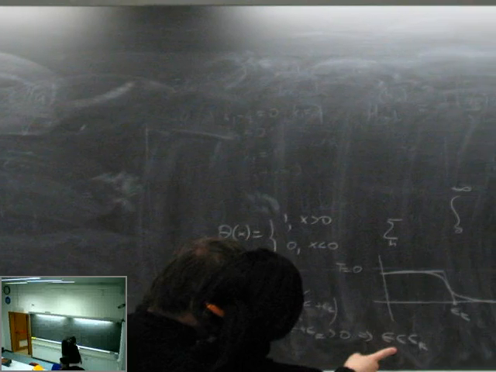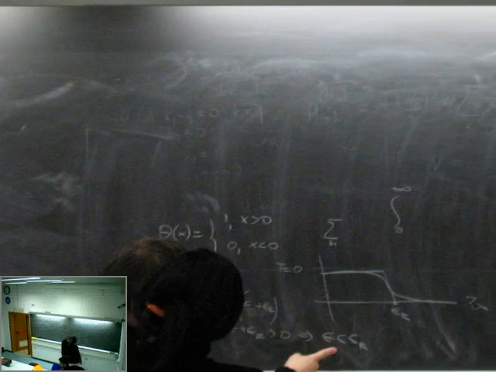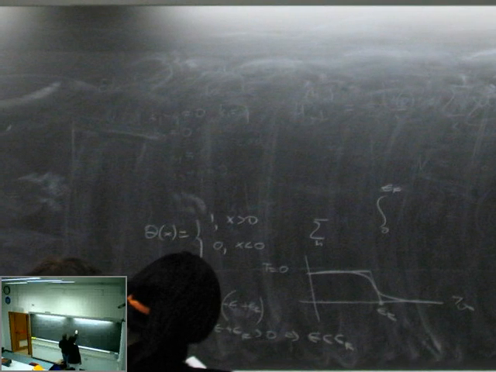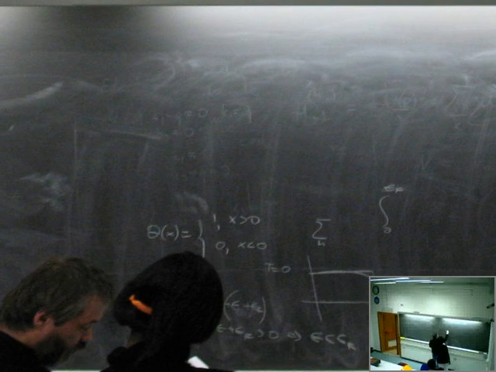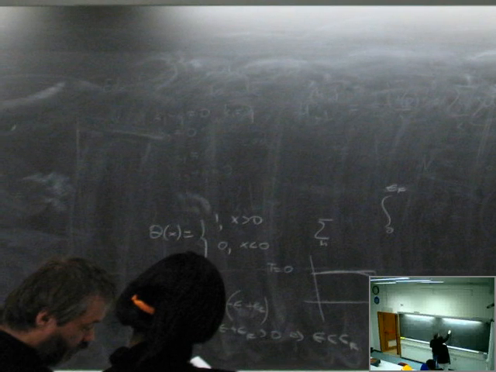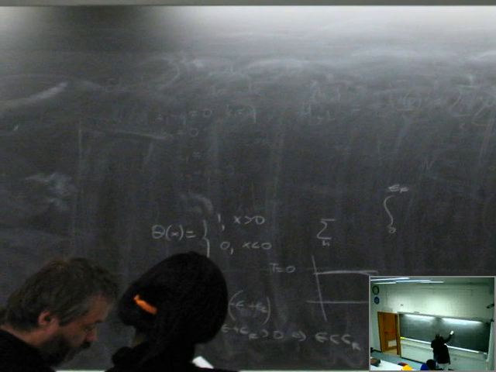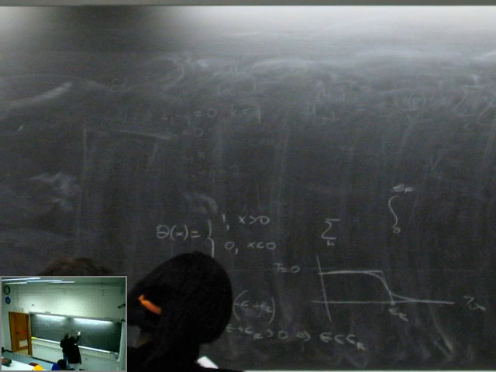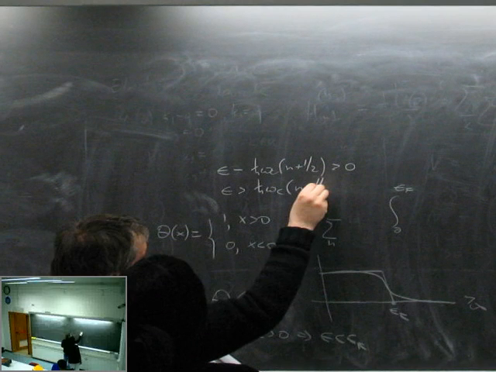But on the other hand, the argument of the square root should be positive. So it defines me a lower bound in the energy. Therefore, epsilon minus h omega c (n plus 1/2) should be positive. Therefore, epsilon is larger than h omega c (n plus 1/2).